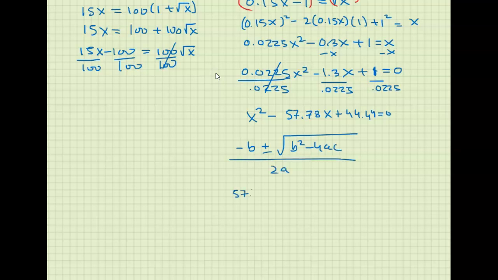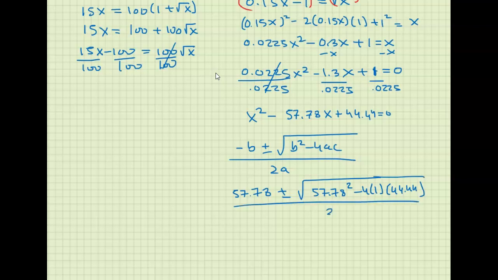So 57.78 plus or minus the square root of 57.78 squared minus 4 times 1 times 44.44, divided by 2. Let's do that square root: 57.78 squared minus 4 times 44.44, lots of 4s, gives 56.22. All right, let's see what our two options are.